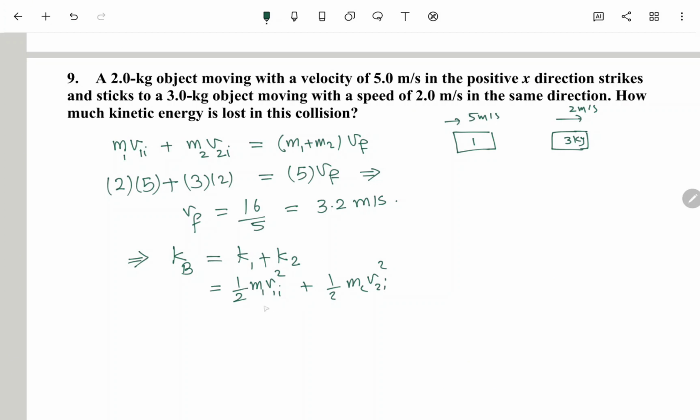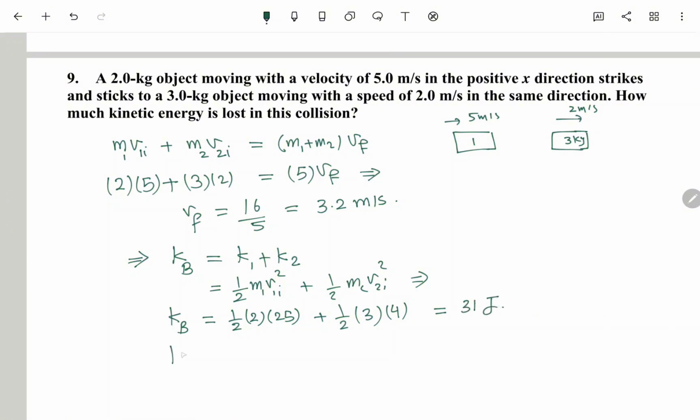You substitute the numbers here, you will find KE before equal to half 2 times 25 plus half 3 times 4, or in other words, it's equal to 31 joules.